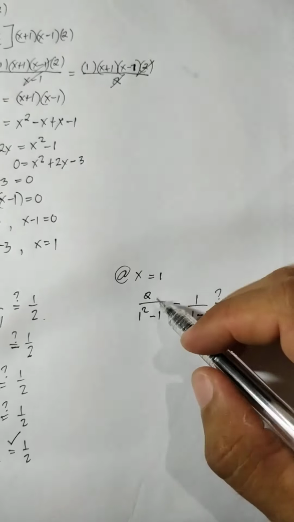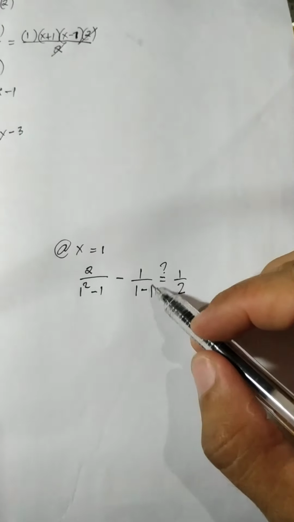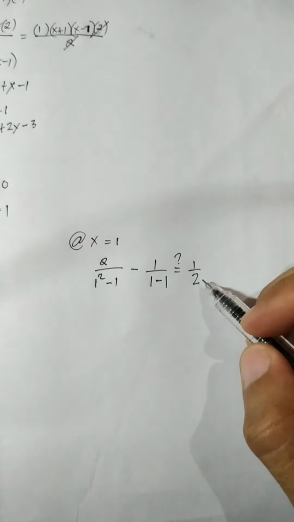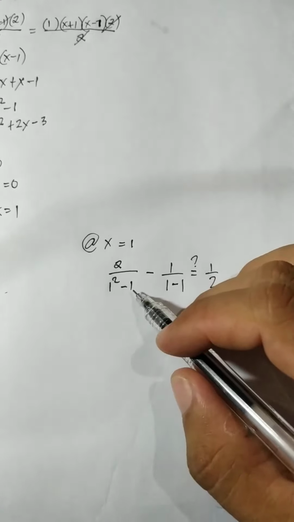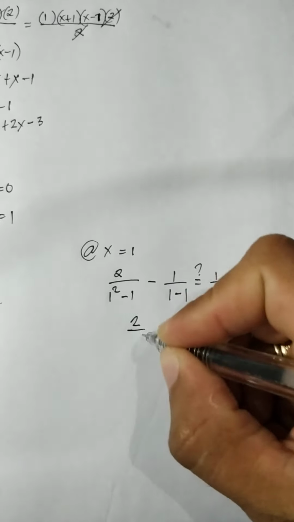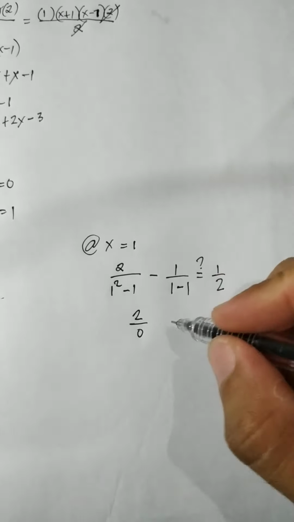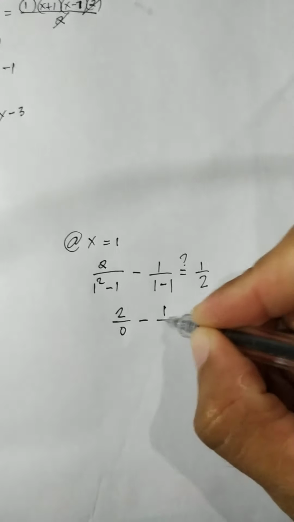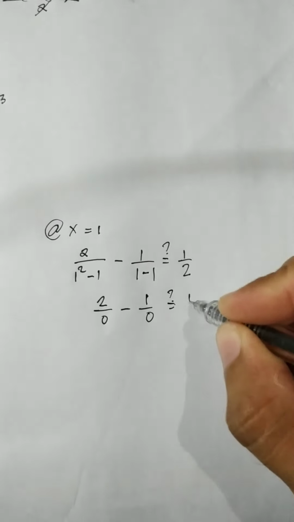So we have 2 over 1 squared minus 1, minus 1 over 1 minus 1, is equal to 1 half. Here already, you have 1 squared, that is 1 minus 1, so we have 2 over 0. 2 over 0 is undefined. Then 1 over 0 is also undefined. Is it equal to 1 half?